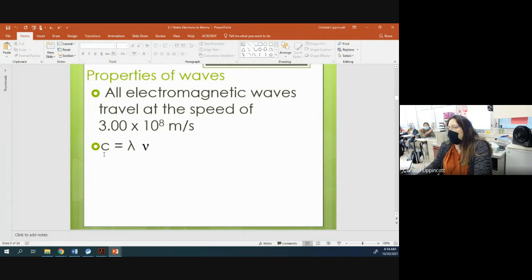So we have an equation. C is the speed of light. That equals C. This is wavelength, and this is frequency. The speed of light, wavelength, frequency.